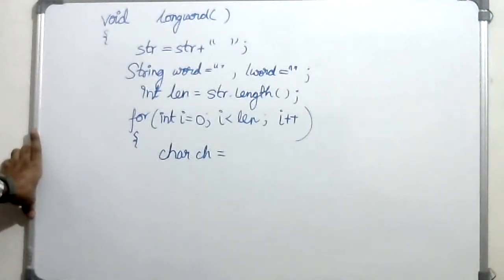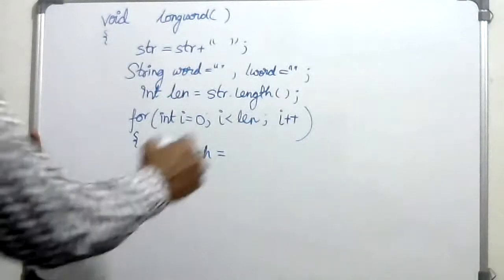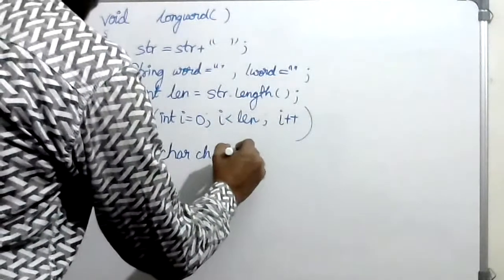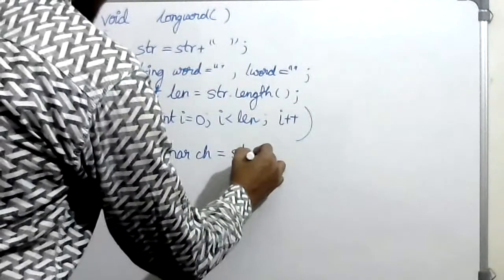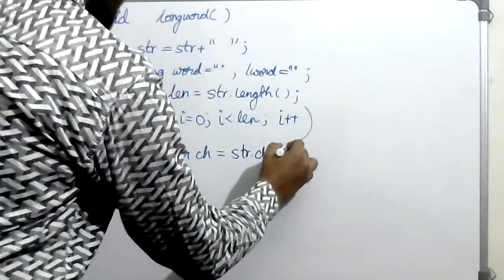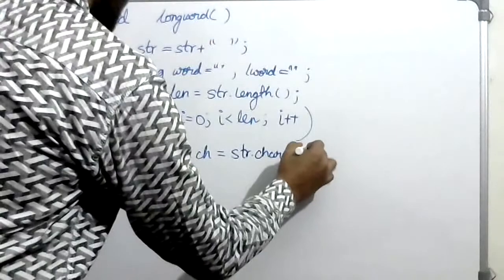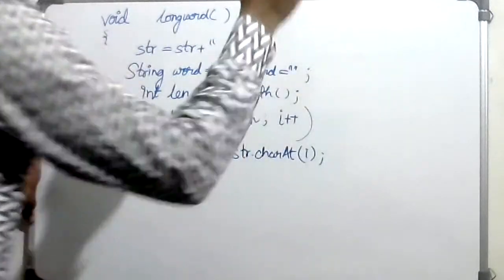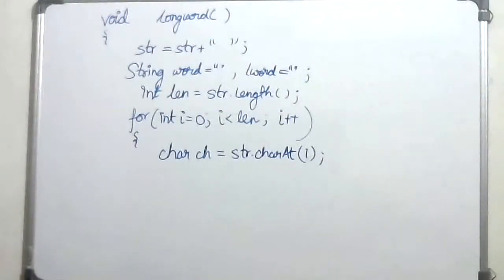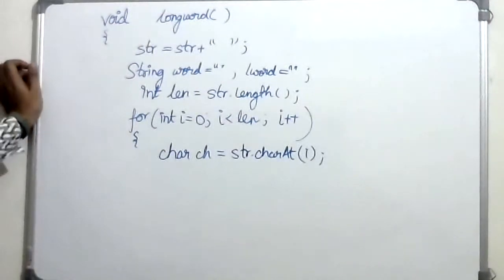So we'll have to extract each and every character until we get a space. So str dot char at i. So we have to extract words in a roundabout way, because there is no direct function already written to extract words directly from a sentence. So we extract characters and form words.